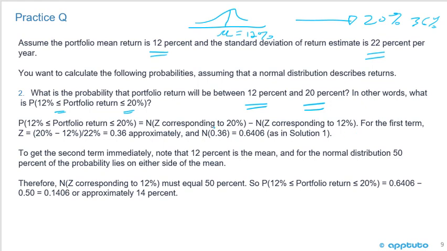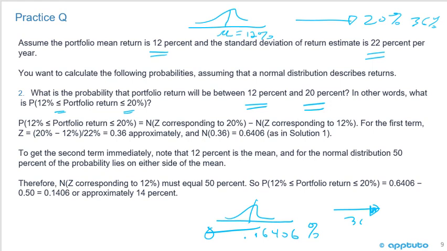For the first term, we did it in the first part of the question. We knew that the probability that the return was under 20% was 0.6406, or 64%, because we know that the return above 20% was going to be 36%.